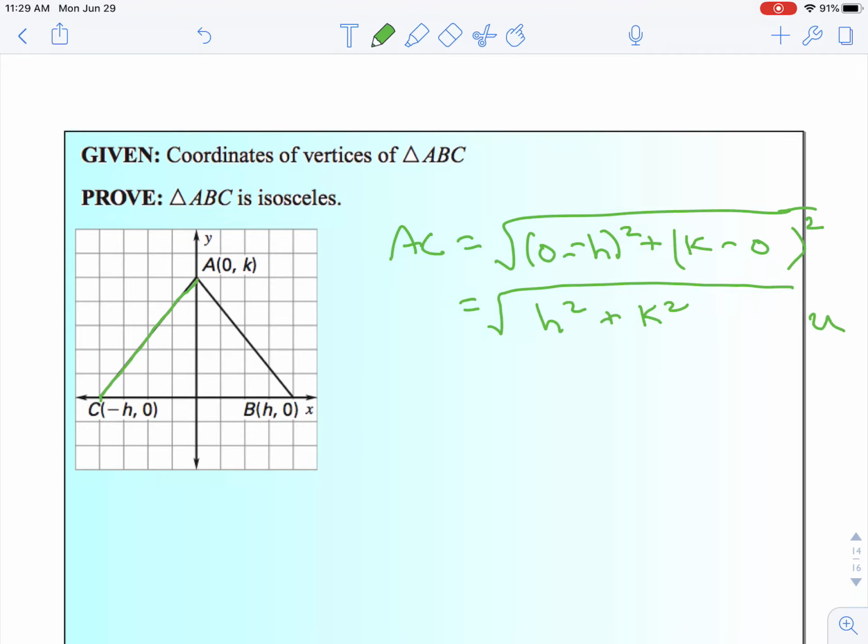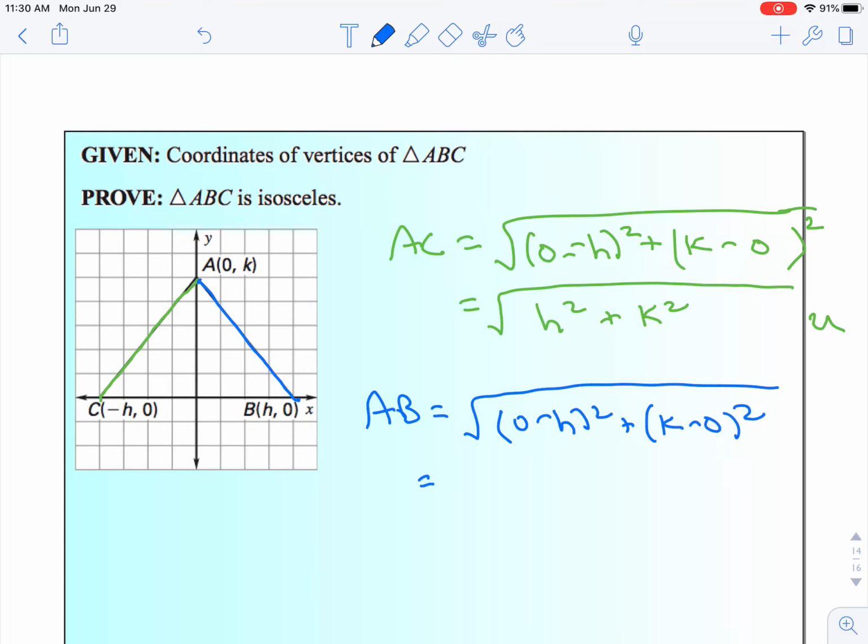That's it. So now let's work on finding the length of AB, because that's the one that looks to me like it's the same length, but we're not sure. So now again, I need to take the difference of the x's, so 0 minus h, squared, plus the difference in the y's, k minus 0, squared.